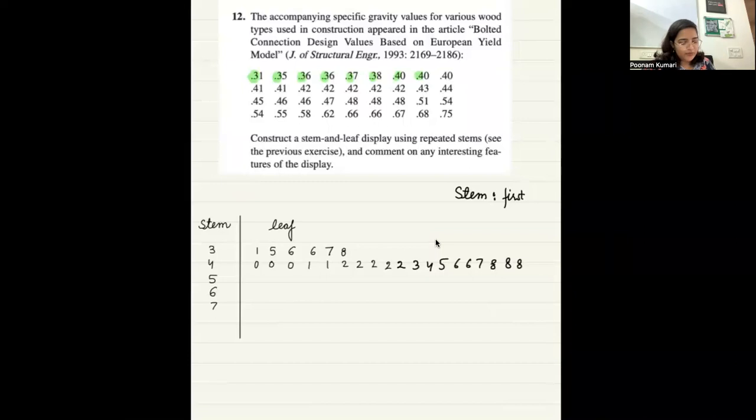So one idea could have been to write it like 0.3, 0.4, 0.5, 0.6, 0.7. The other could be you just specify what your stem is here, and then people can understand, okay, stem was this. So first place after decimal. And then as leaf, you can also write your second place after decimal.